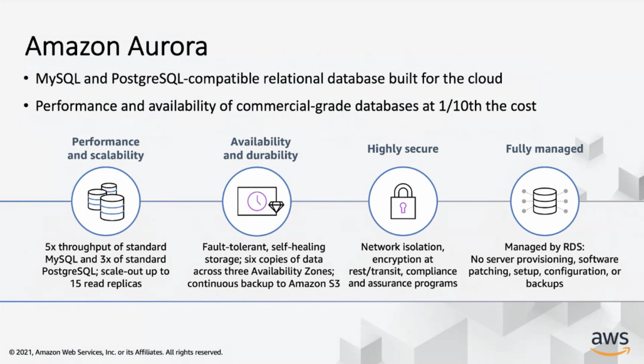Now, a lot of customers ask me, what is the difference between Aurora and RDS MySQL and RDS Postgres, the community editions of those databases. Aurora is different because it's a cloud native database engine.